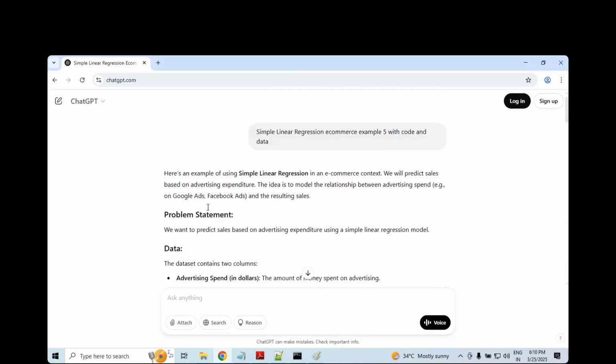Only one example is given. So, linear regression example: can you give 5 examples about linear regression?